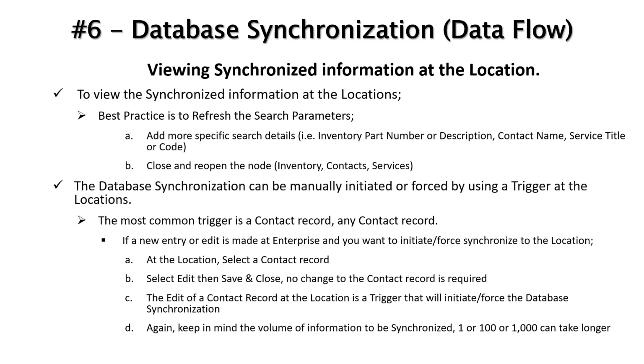No change to the contact record is required. The edit of a contact record at the location is a trigger that will initiate or force the database synchronization. Again, keep in mind the volume of information to be synchronized. Whether it's 1 or 100 or 1,000, it can take longer.